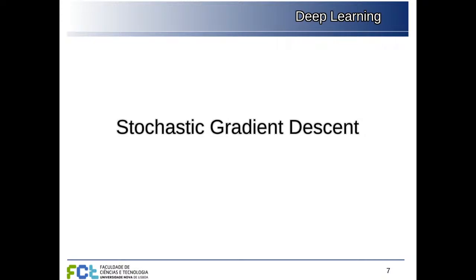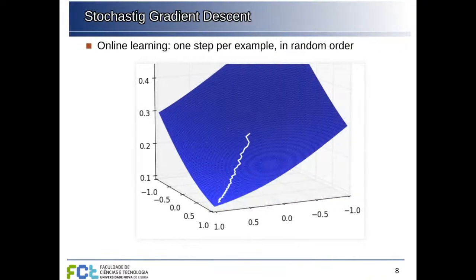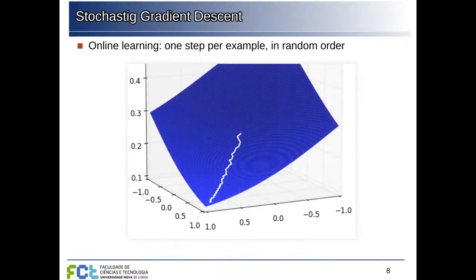The implementation of this for training the network is usually done in this way: stochastic gradient descent, which is called gradient descent because at each step we are trying to slide down the gradient of the loss function, so looking at the derivative to find out in which direction we have to take a step. And it's stochastic because we are presenting examples in random order.